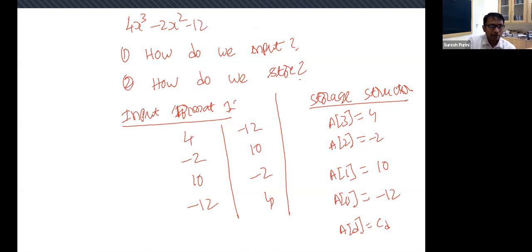Then in the input we have to give the coefficient as 0 here. So this becomes equal to 0.